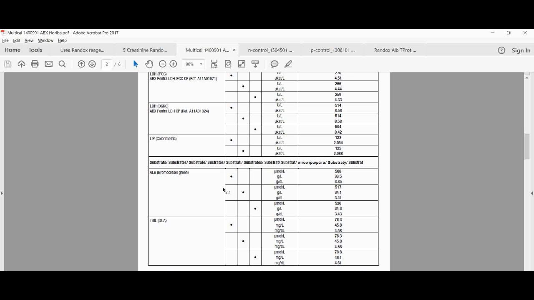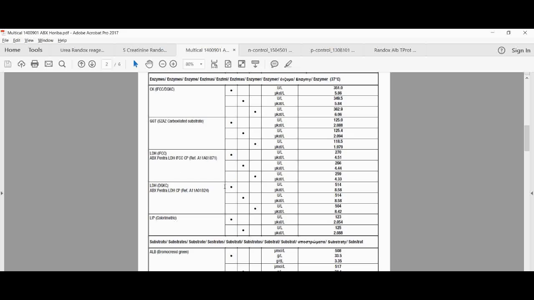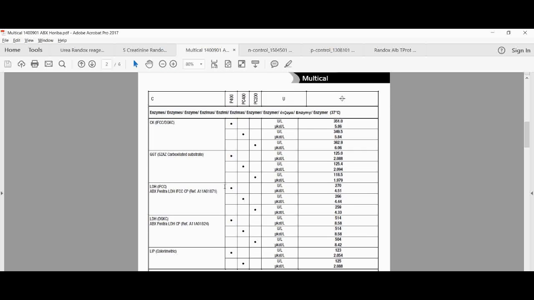So then you can look at the value for the specific analyzer or the specific method. So in this case, let's say we're using the P400 analyzer. There's no manual method multi-cal result that is listed on here, so we're just going to go with the P400, which is the analyzer that we have in the laboratory.